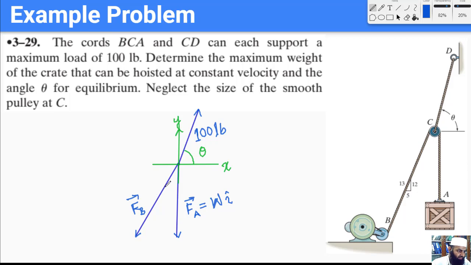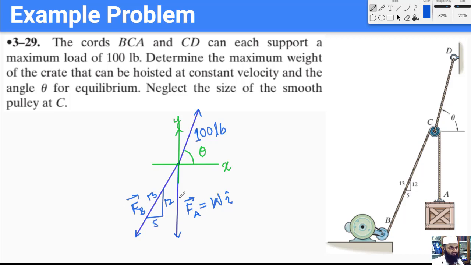And this angle, again we have to draw a triangle here to specify the angles. Okay, and this is 12, this is 13, and this is 5.